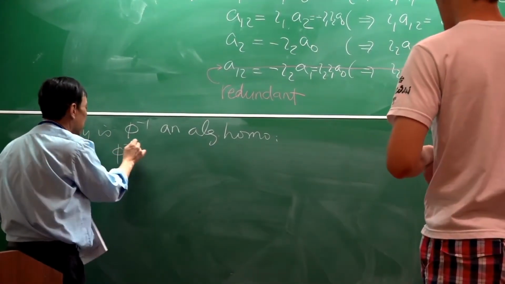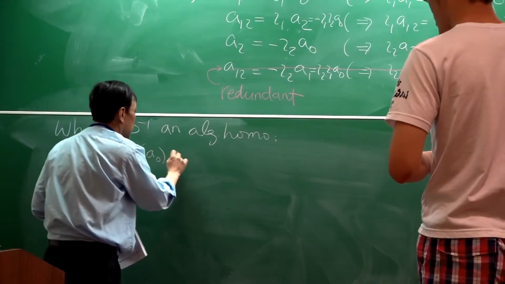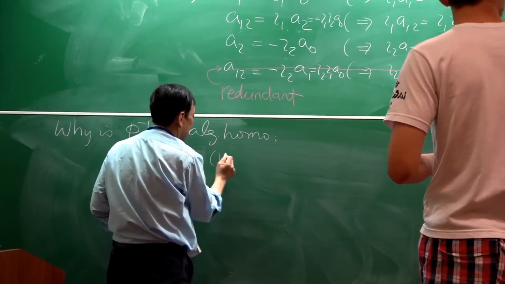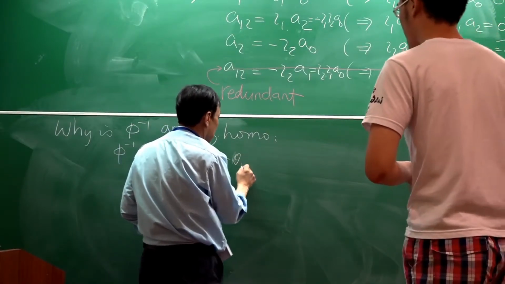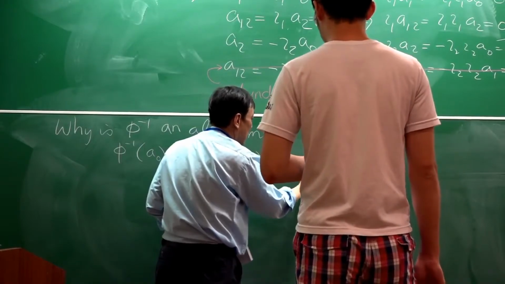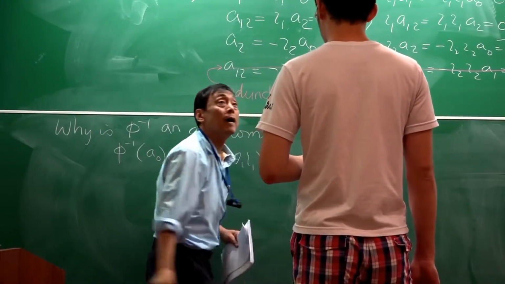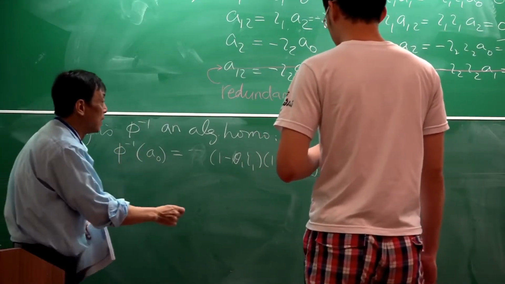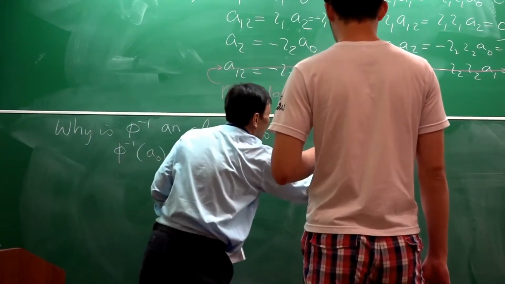Phi inverse takes A0 to this. Yeah, so that's the question, right? Why is phi inverse an algebra homomorphism?